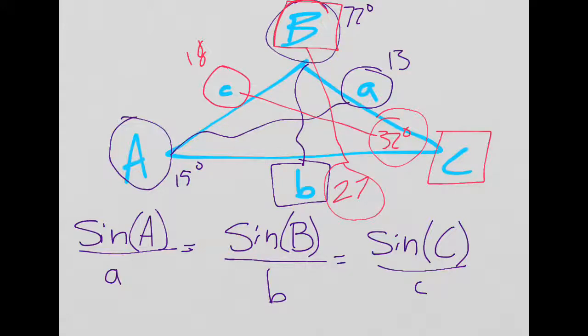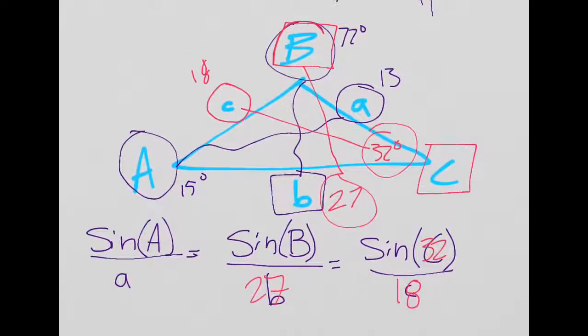So whatever variable you want, that's what you should put in the numerator. So I would match this up. I know that angle C is 32 degrees. I know that side C is 18 units long. I know that side B is 27 units long, and I don't know what B is.